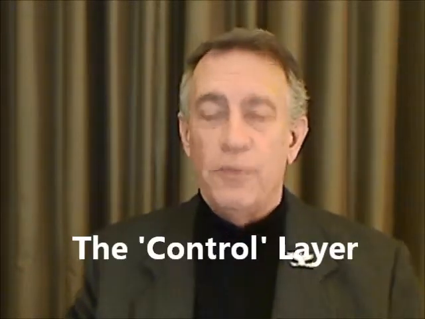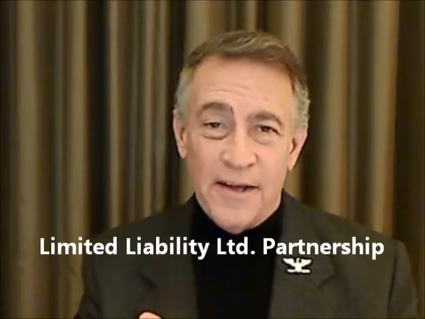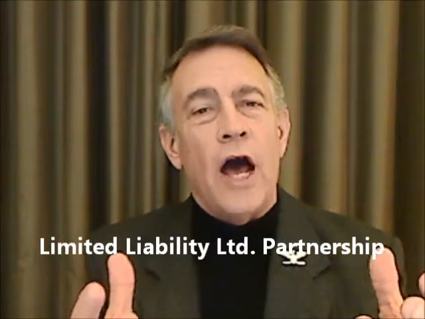The second layer would be the control layer. This is typically going to be a limited partnership, or better yet, the advanced version, the limited liability limited partnership. This is an entity that owns the underlying corporations or limited liability companies, and it allows you to have control at a distance without direct ownership.